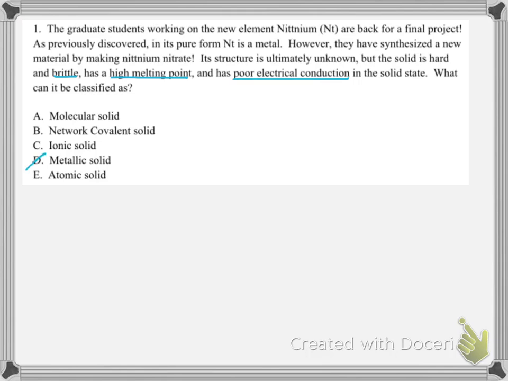metals. For these problems where you're identifying solids, it's really just best to go through and do some definitions, because high melting points are typical of ionic compounds.